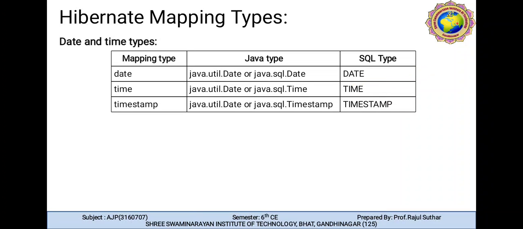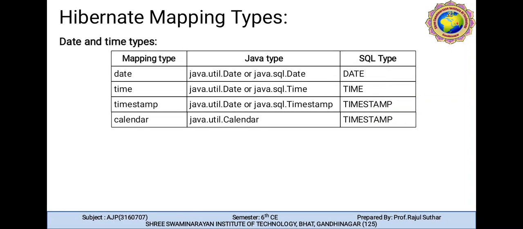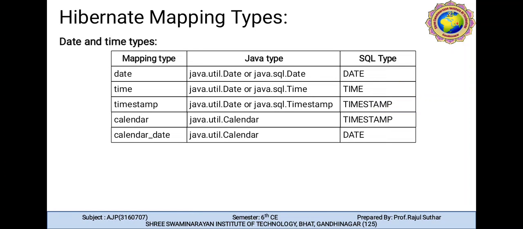In the same way, timestamp we can use like this. Calendar is also covered by timestamp, while as a Java data type we use java.util.Calendar. This is the mapping type as well as its SQL type and Java type.